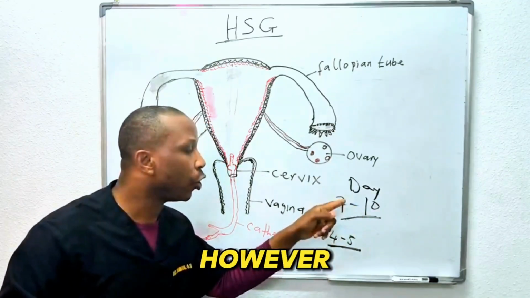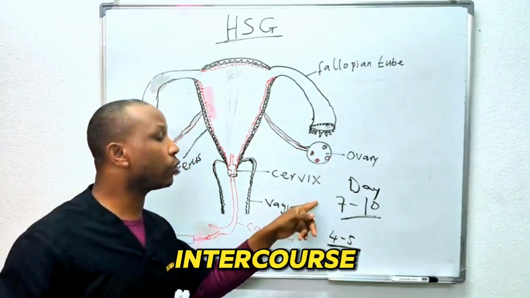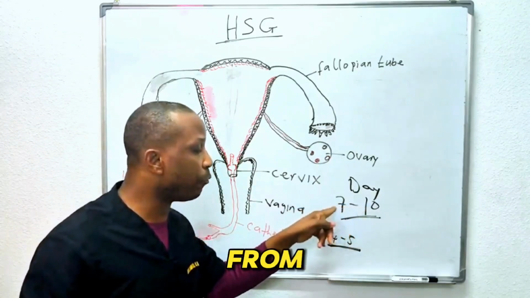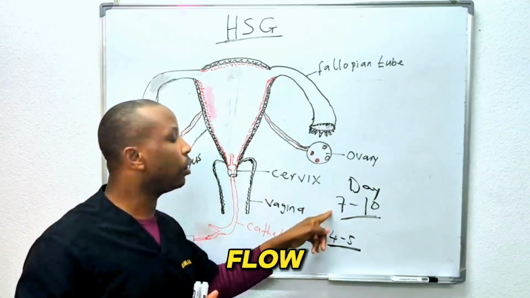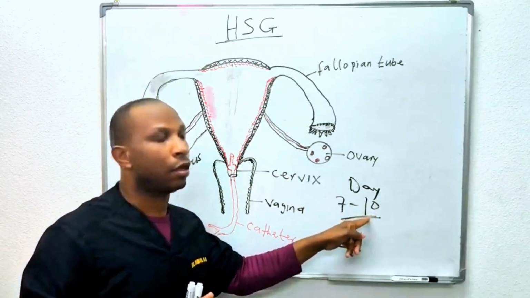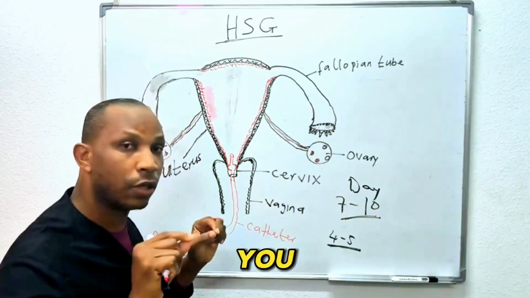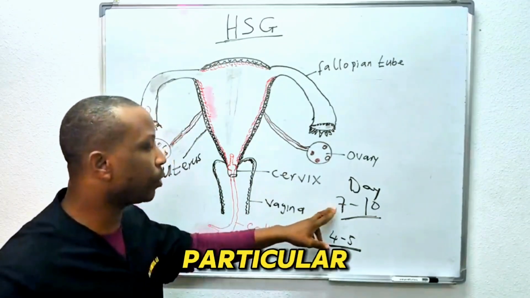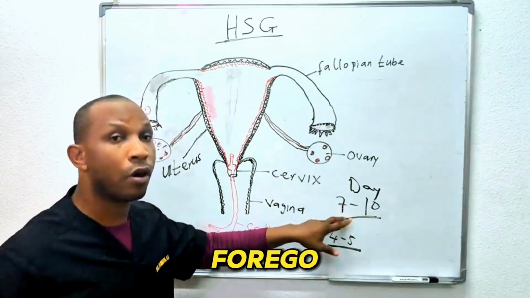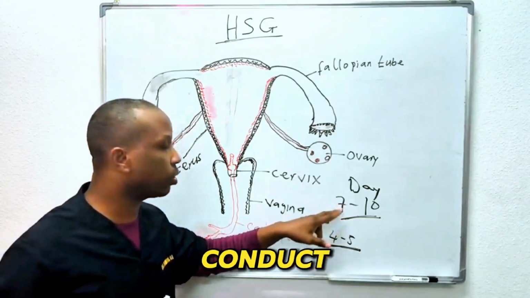However, you just ensure that you do not have any sexual intercourse from the beginning of the menstrual flow until after you finish this HSG procedure, so as to limit the chances of you getting pregnant. That means in that particular cycle, you are going to forego pregnancy, all right, because of your short cycle length, and you need to conduct HSG.